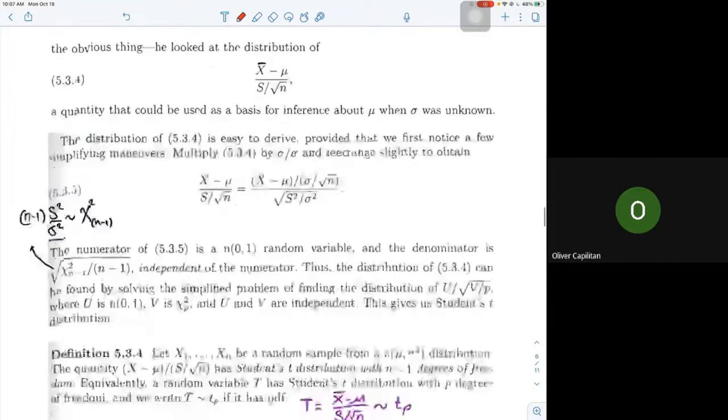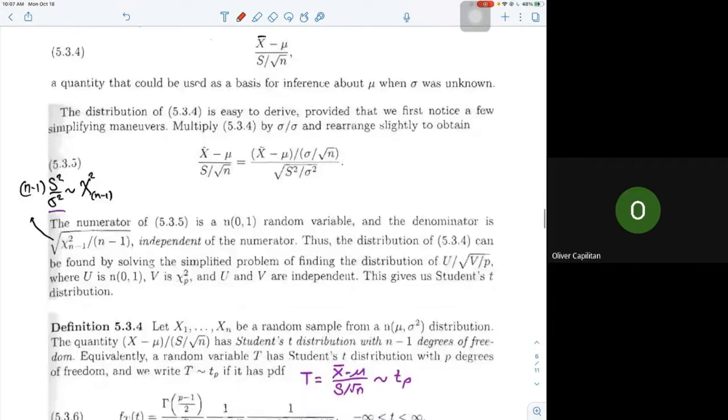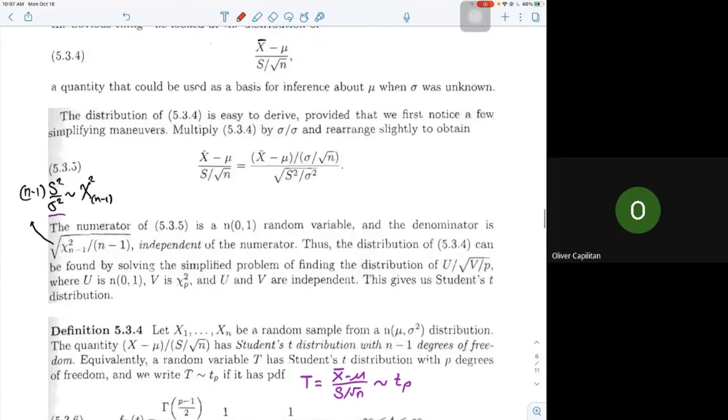To determine the distribution of this random variable, we can re-express it by simply multiplying by sigma over sigma, or multiplying by 1, so the equality is retained.